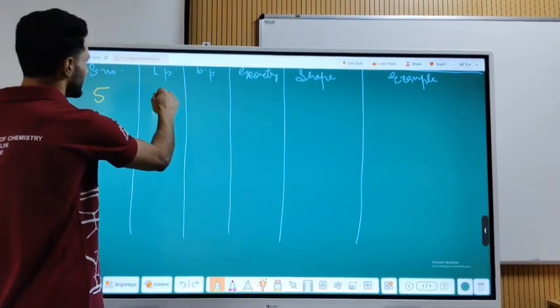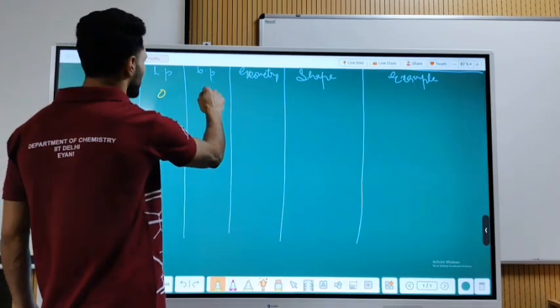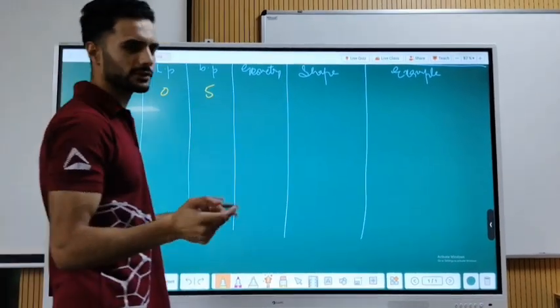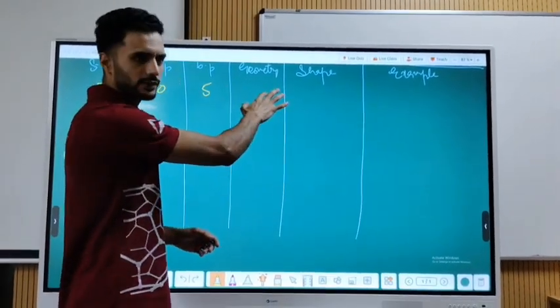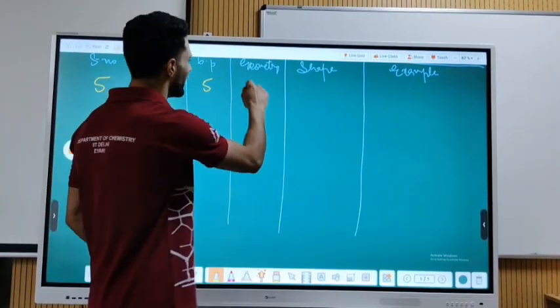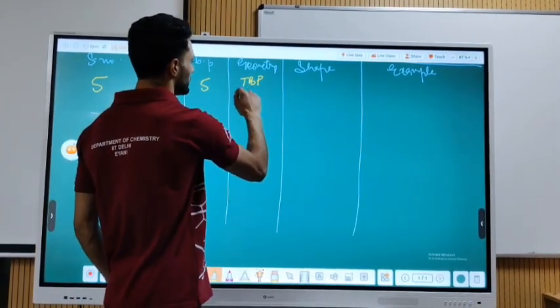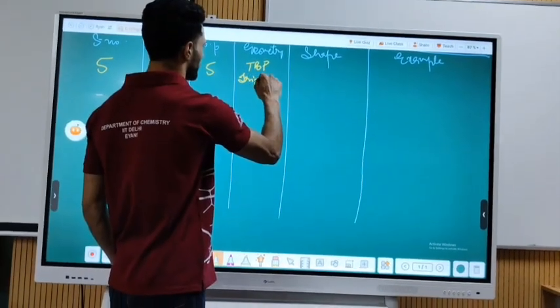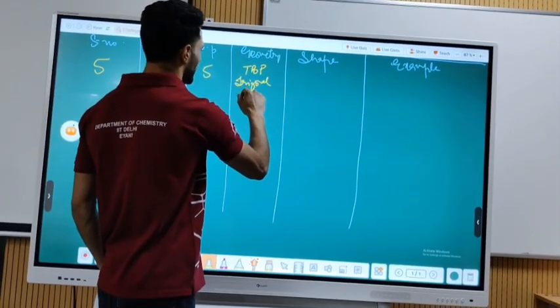Let's take first 0 lone pairs and 5 bond pairs. This is the first case. For steric number 5, according to valence bond theory, the geometry is TBP, trigonal bipyramidal.